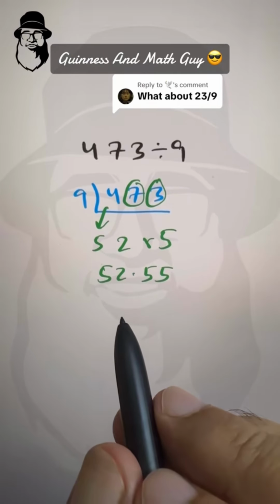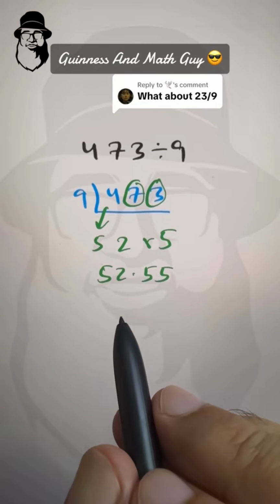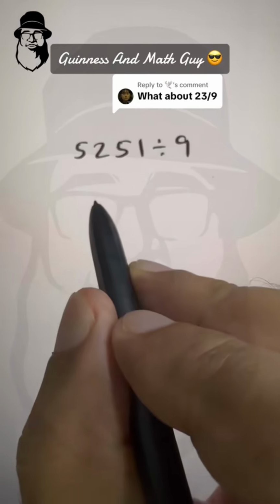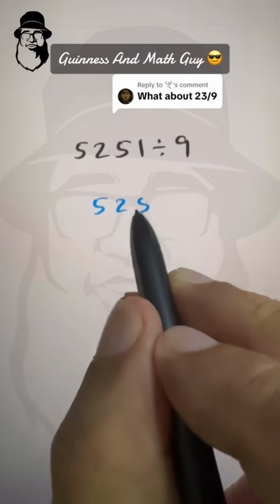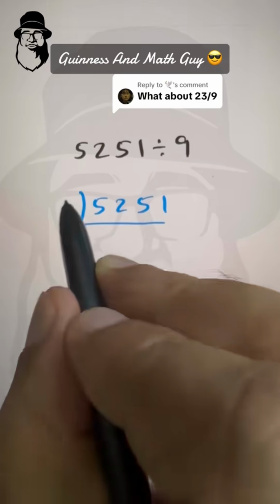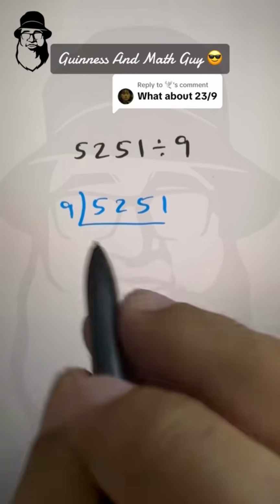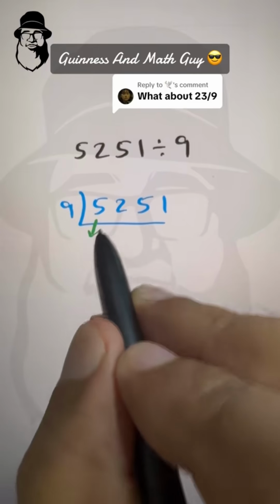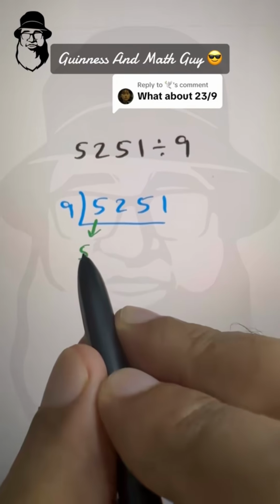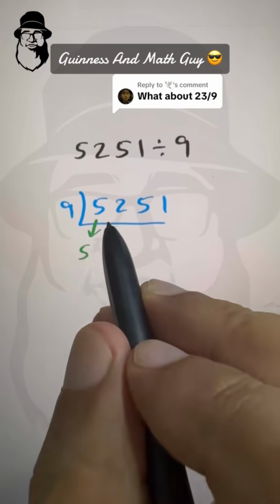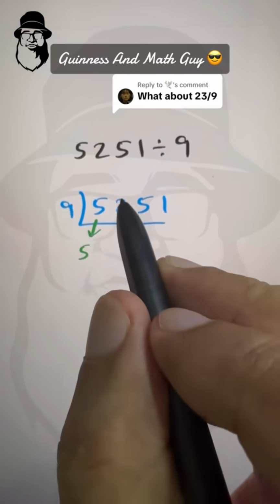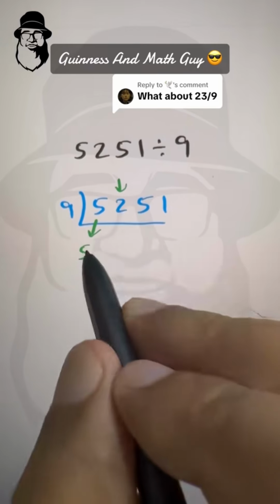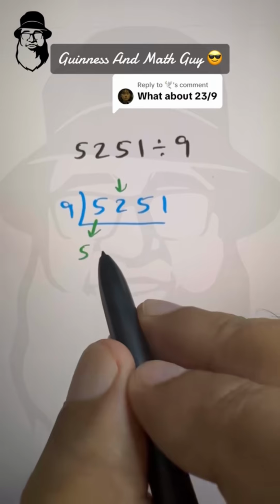Let's do one more question just for the sake of a little practice, and then I'll end the video. We have 5251 divided by 9, and bring this 5 here, and we write 5 here as it is because 5 plus 2 is 7, no problem. So in the next step, we add this 5 and this 2 to get 7.